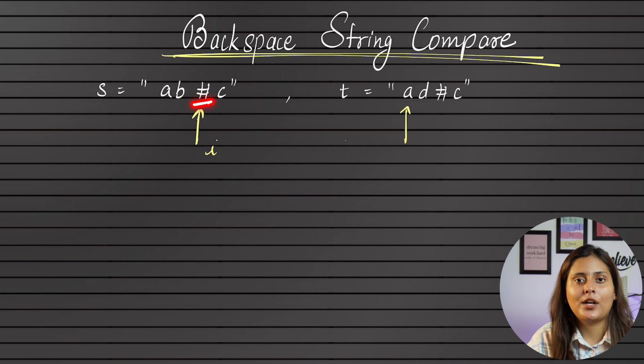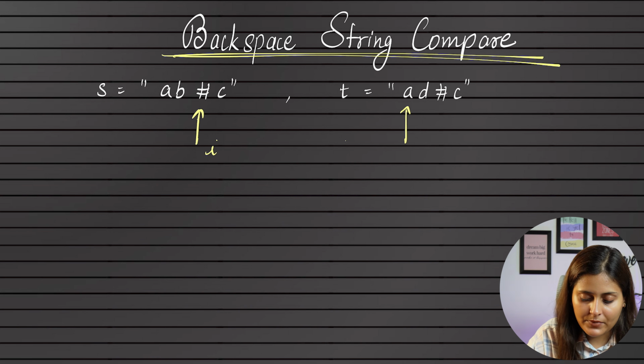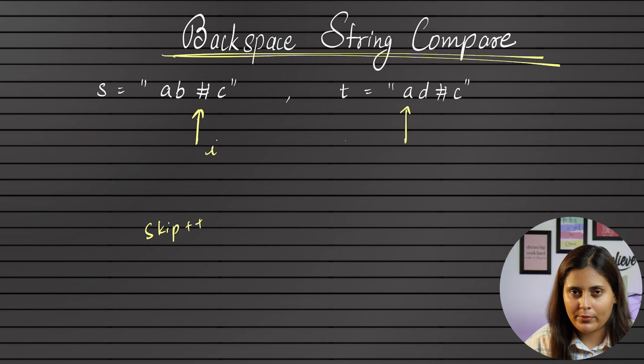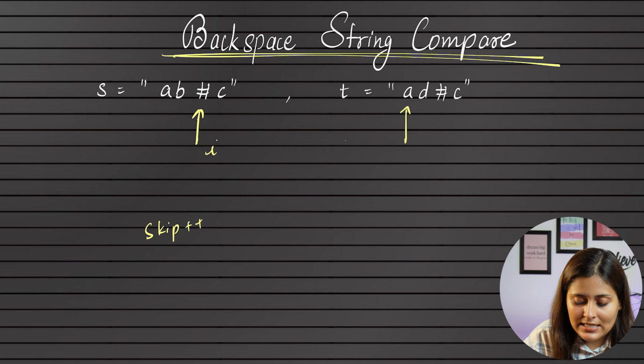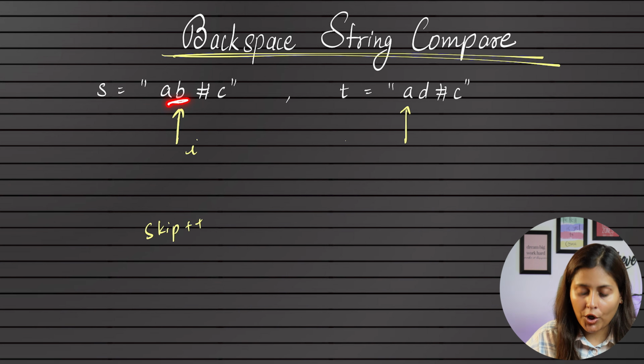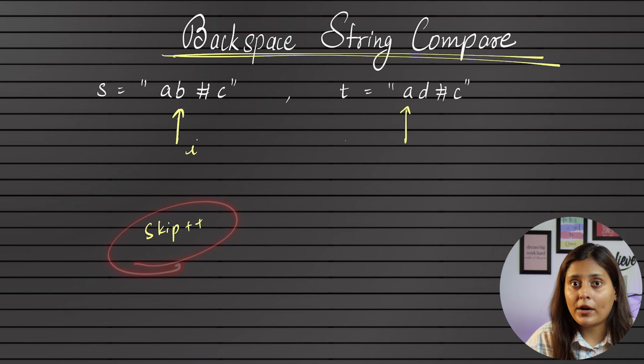What is this? Hashtag. So we will do skip plus plus, saying don't match this ith and jth index value, because this will not be same, because now we are in the undoing process. Okay. As this is skip plus plus, next time again we'll do I minus minus normally, and when we will be at B, we'll say hey, is this B valid or not, because skip is what? 1.